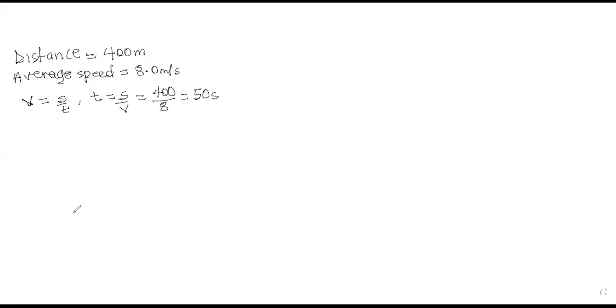Then question 2. Which graph best represents the relationship between velocity and time for an object that accelerates uniformly for 2 seconds, then moves at a constant velocity for 1 second, and finally decelerates for 3 seconds.